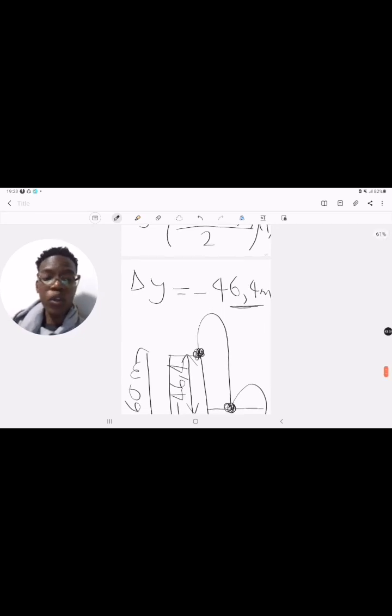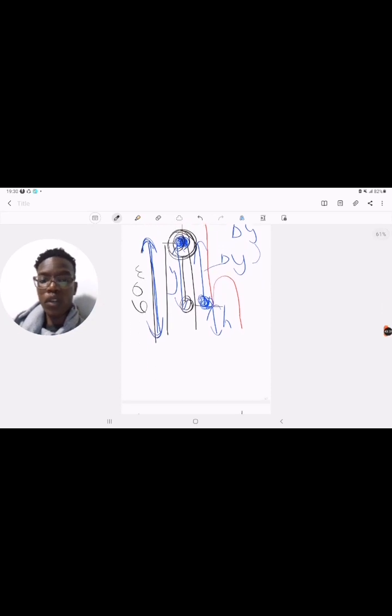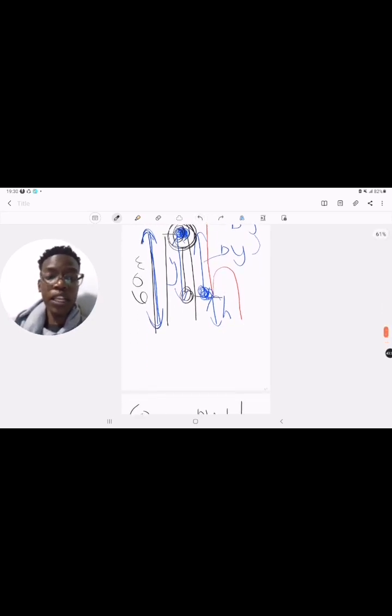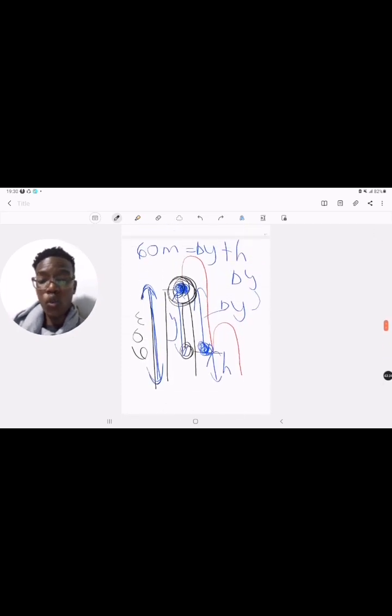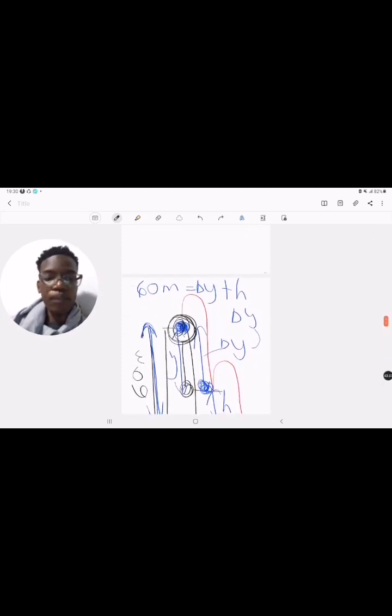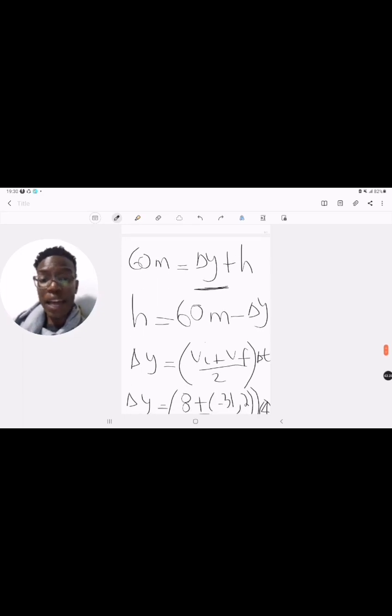But this is not what we're looking for. What we're looking for is that delta h, which is the height of your balcony from the ground. But now we've got this delta y.